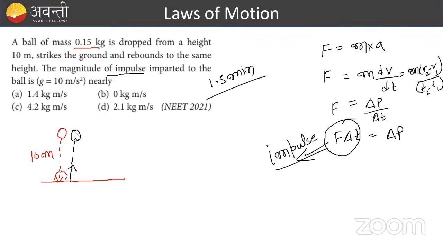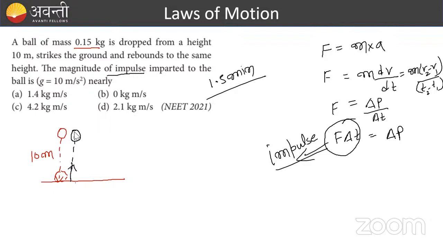What does it mean? It means that during its interaction with the ground, in short, there is no loss of energy. Therefore, it is rising to the same height from which it fell. So first of all, try to calculate the velocity when it strikes the ground.